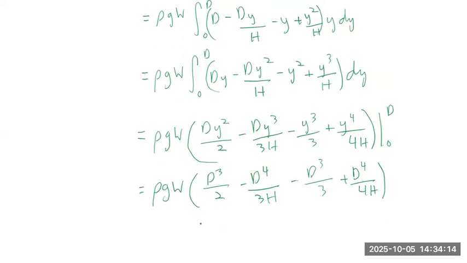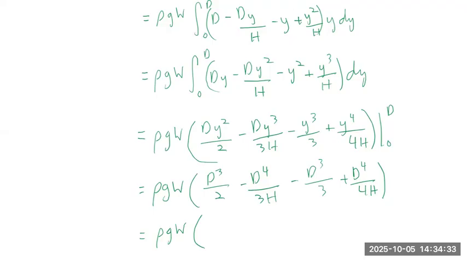So combining like terms now, you have rho g w times d cubed over 2 minus d cubed over 3, and negative d to the power 4 over 3h plus d to the power 4 over 4h.